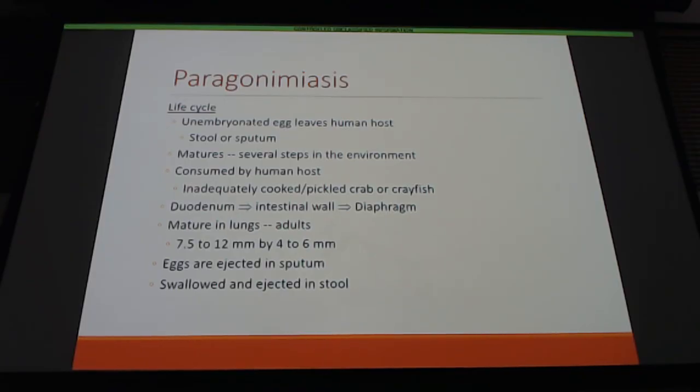Now, here it says eggs are ejected in sputum. So remember, once it gets into your lungs, I can spit it out. Right? So that's why we can find it in a sputum. The other thing that occurs, this thing will stimulate your coughing reflex because it's trying to survive and procreate, so it wants those eggs to come out.